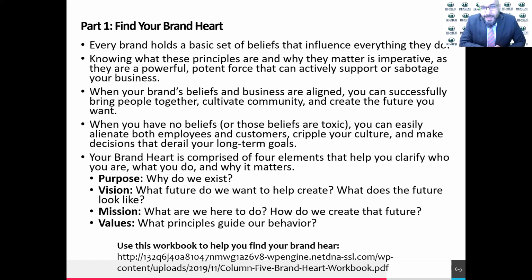So aligning these strategies is really important, because you don't want your business going in one direction and your brand in a different direction. When you have no beliefs, or those beliefs are toxic, you can easily alienate both employees and customers, and you're basically destroying your culture and making decisions that affect your long-term goals.